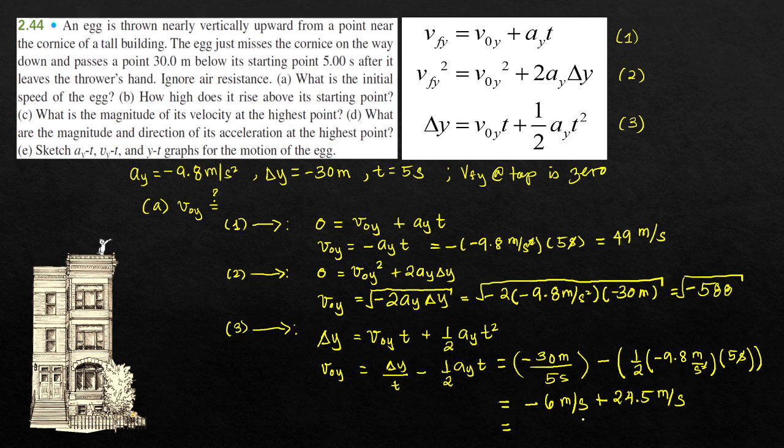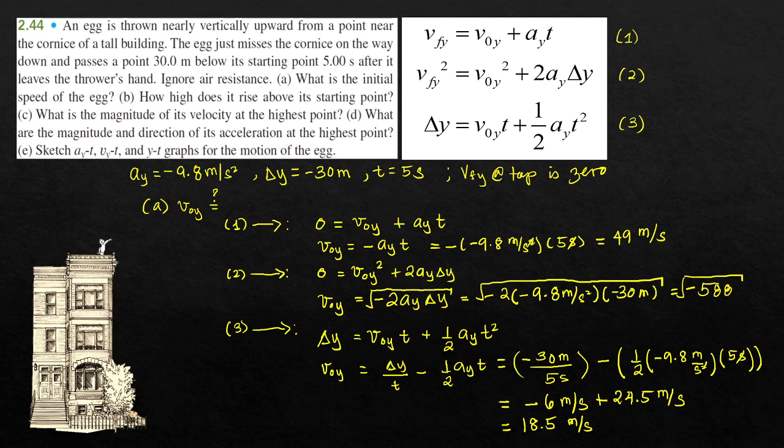And we subtract 6, we take away 6, we now have 18.5 meters per second.